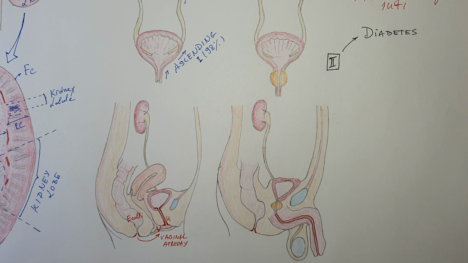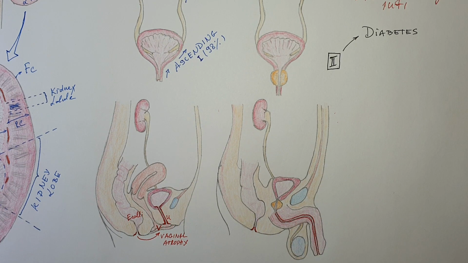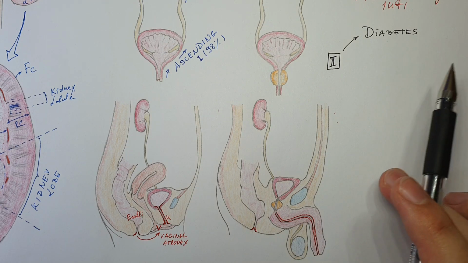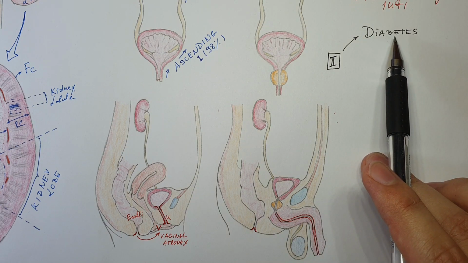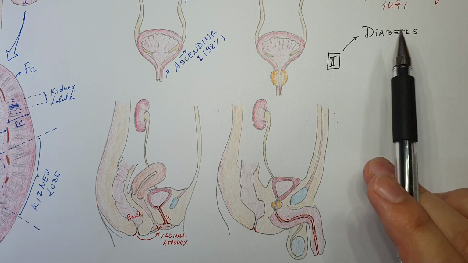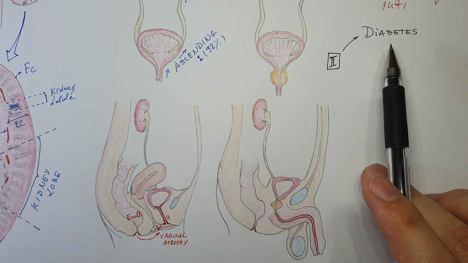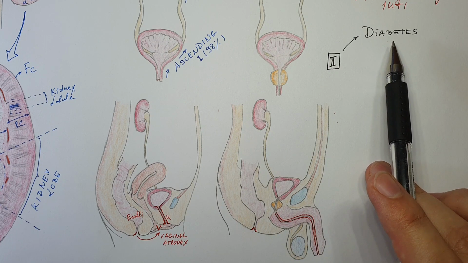This will also raise the sugar levels in the urine, and sugar is fuel for bacteria. So the bacteria will more easily colonize the urinary tract of these patients. Also, diabetes is a complex disease that can impair the immune system, so it can lower our immune capacity.